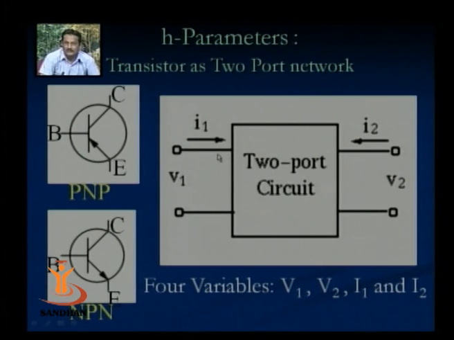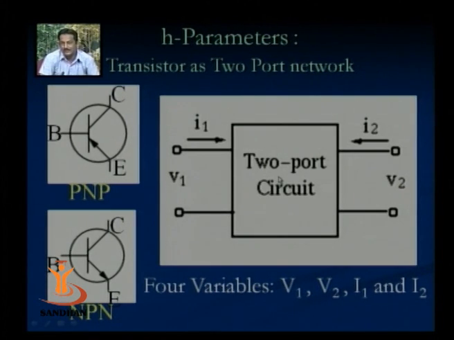One port carries a current I1 when a voltage V1 is applied, and likewise the other port carries current I2 when a voltage V2 exists between those two. So this is one port of the network, and this is the other port. A two-port network is like this, and we consider it exactly like this.